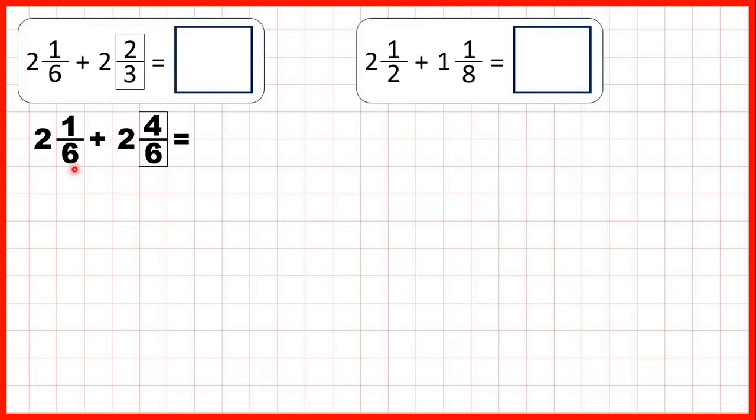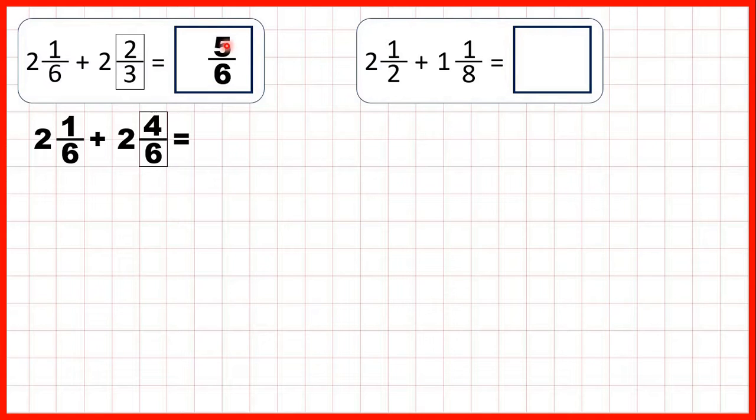So now we start by adding the fractions. So we have 1/6 plus 4/6. That's 5/6 because remember, when we add fractions, the denominator stays the same and 1 plus 4 is 5. And we can write that in our answer box because the fractions have been added and that totals less than 1 whole.